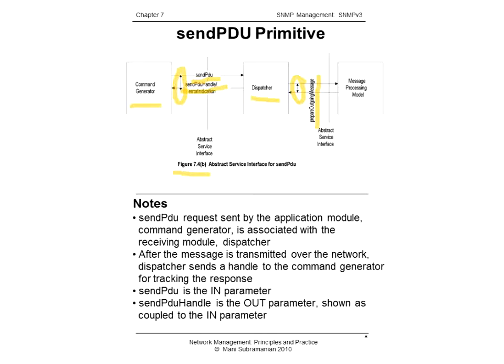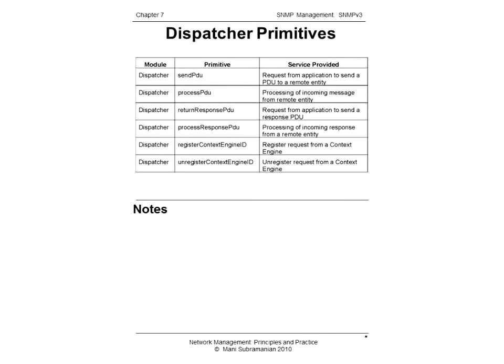So now we have this table. It lists the primitives that are served by the dispatcher, message processing subsystem, and security and access control subsystem.